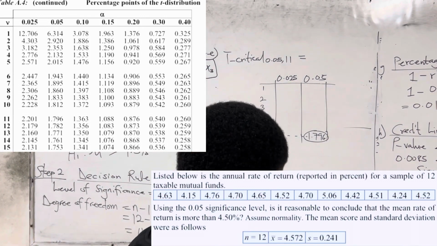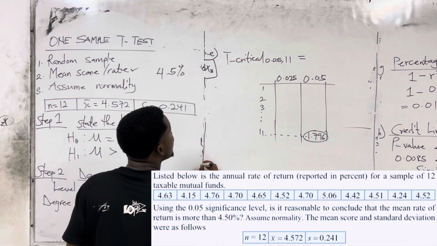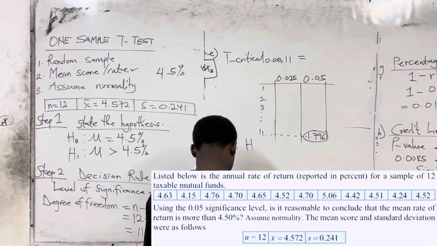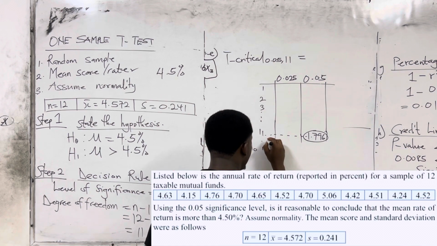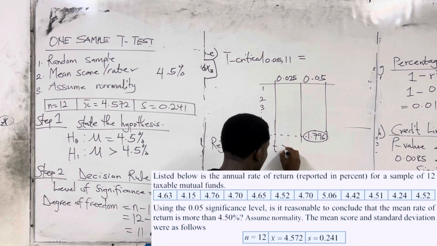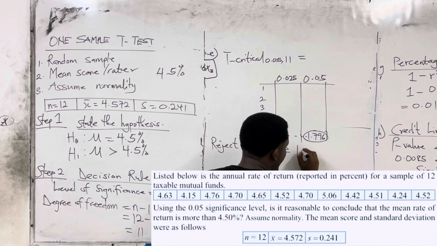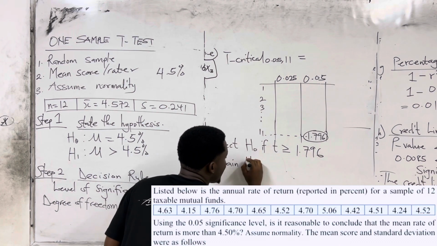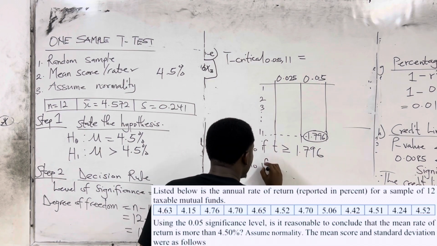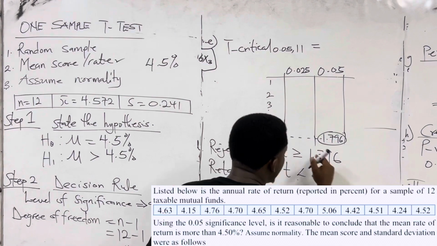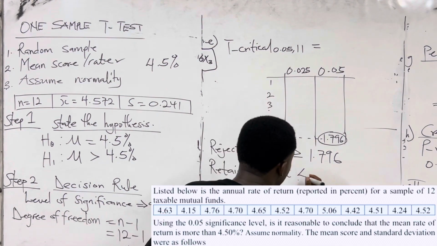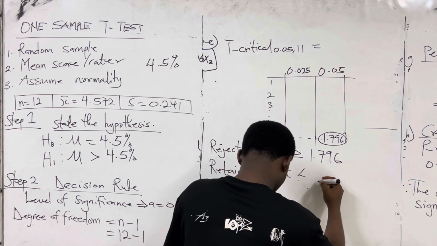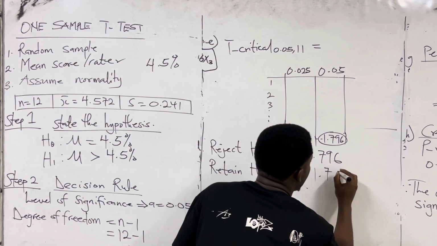So after getting this, for the decision rule, we will reject the hypothesis if the T value is greater than or equal to the T critical value, and then we accept or retain the hypothesis if the T value is less than the T critical value.